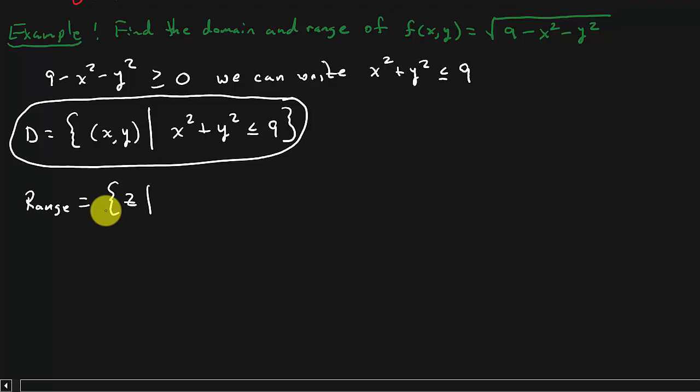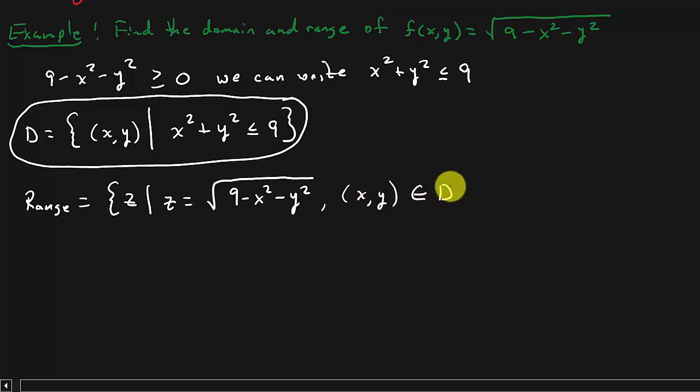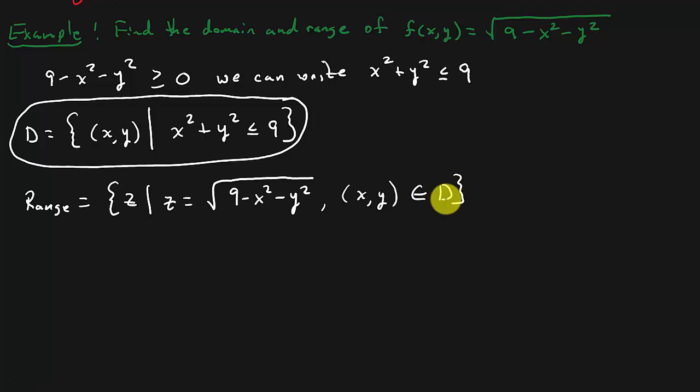So it's the set of all values z such that z is equal to the square root of 9 minus x squared minus y squared, and (x, y) is an element of the domain. That's the range, but let's look at it a little more.